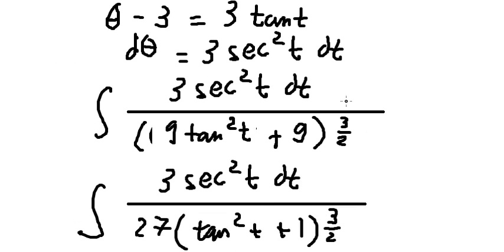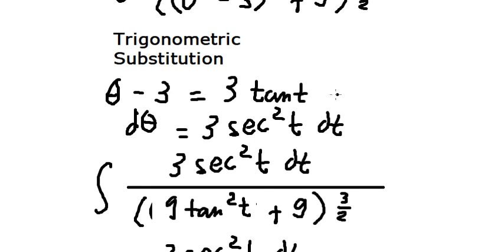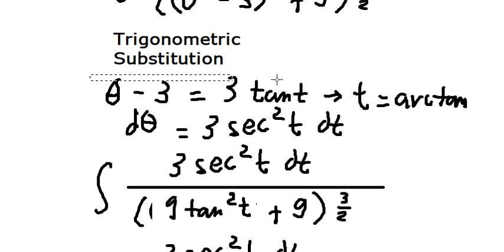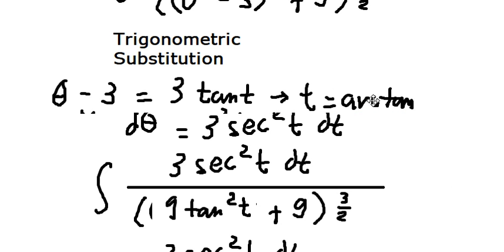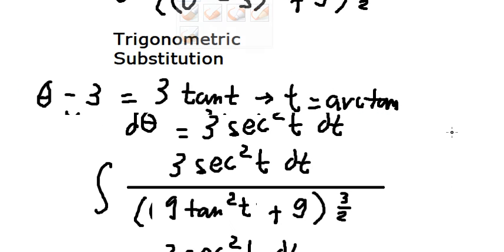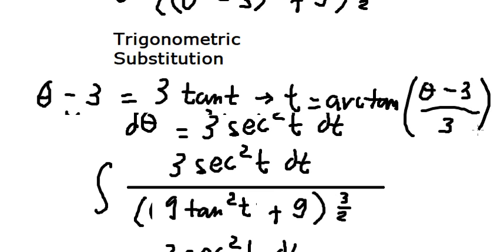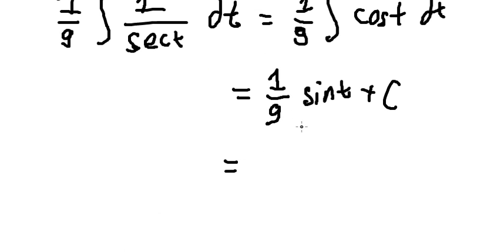About t in here, we divide both sides by 3, and we got t equals arctan of theta minus 3 over 3. So we put this one in here.